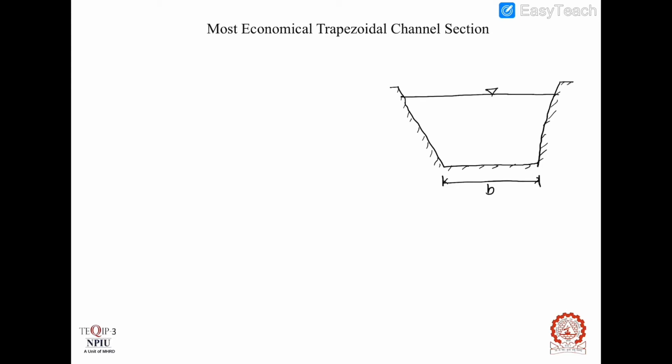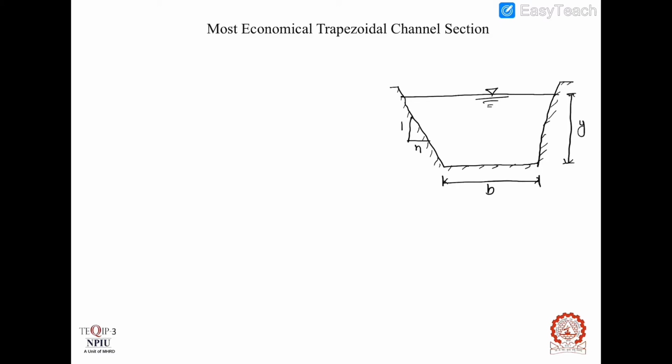So firstly, let's draw the trapezoidal channel section. This is the bottom width, let's say it is B. Depth of flow is Y, and the side slope is 1:n.